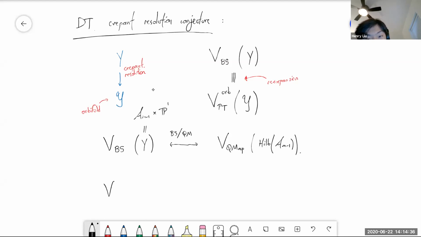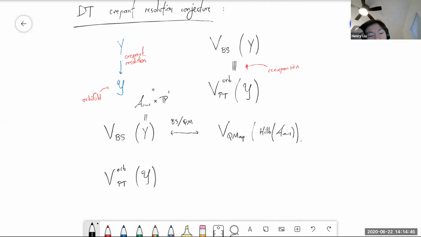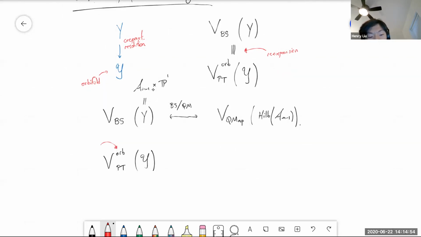Similarly, if you take the orbifold PT vertex, actually, maybe here it's somewhat important to say this orb up here is not so special, not in this case at least, because what's the orbifold? The orbifold will be something like C2 mod gamma. Well, it is C2 mod gamma times P1.